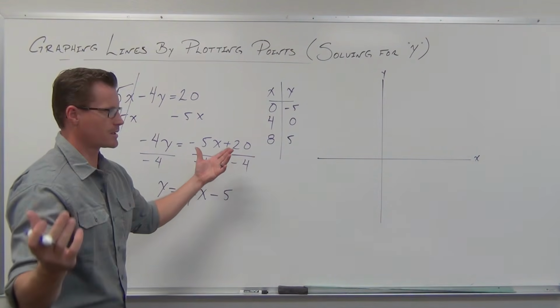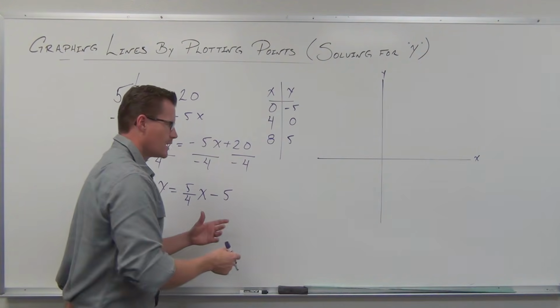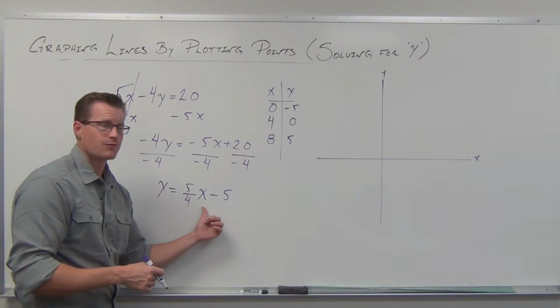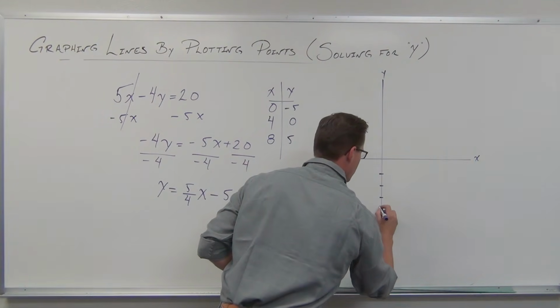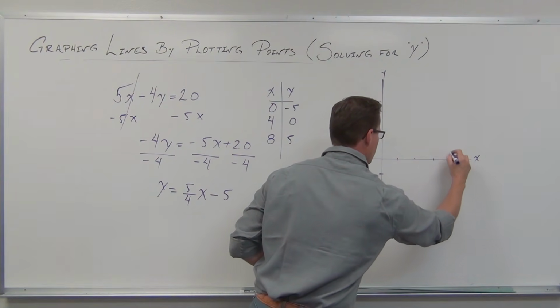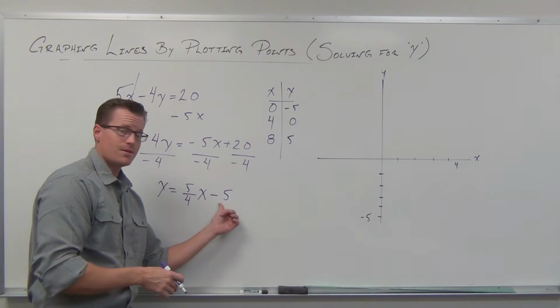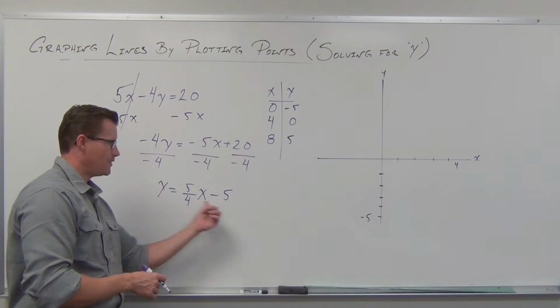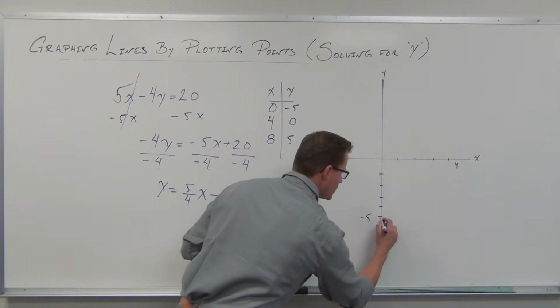But I've got to show you, because I can't just leave it as you plotting points. This is a much better way to graph. Or the intercept method. Check this out. If you understand the connection, once you solve for y, this -5, that is, plug in 0 for x, that is your y-intercept.